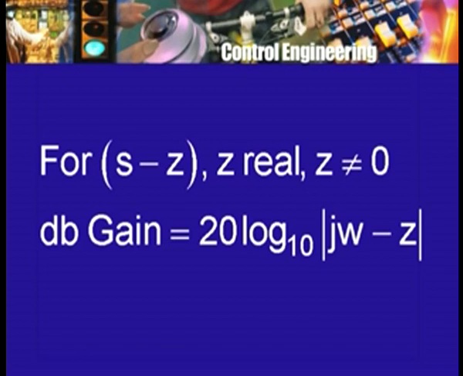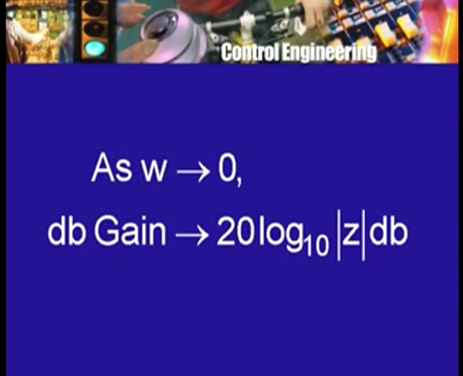Now, if we look at the gain first, that is the magnitude and the dB gain, then as we saw earlier, there are two approximations. One is as omega tends to 0, the gain approaches the low frequency gain, the so-called low frequency or DC gain, which is given by 20 log to the base 10 of the absolute value of the real number z.